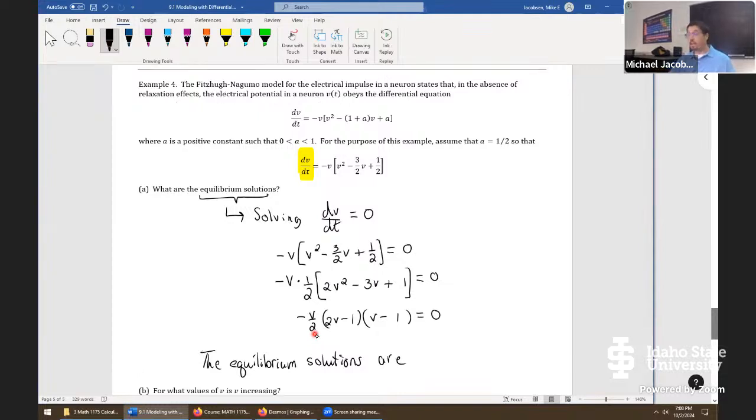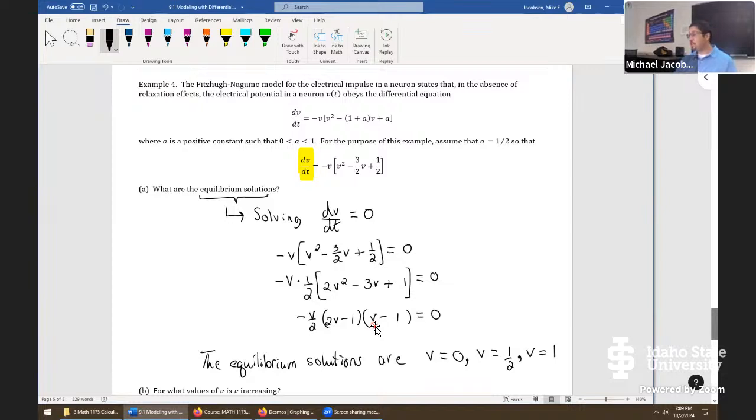This solves the equation when the electrical potential V is 0. So if we have V equals 0, we refer to that as our equilibrium solution. That's when this derivative up here is 0, which means no change. Next one comes from here. This would be V equals 1/2 to make a 0 occur. And the last equilibrium solution is when V is exactly 1.